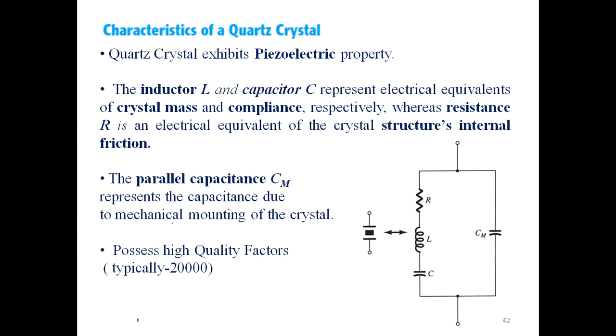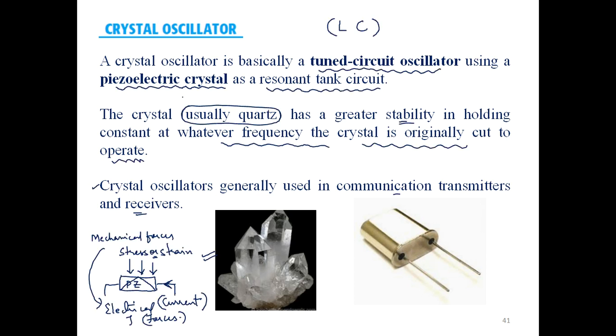What are the characteristics of a quartz crystal? The quartz crystal exhibits piezoelectric property, which we discussed just now. Then, I just told you that the crystal oscillator is basically a tuned circuit oscillator itself. So whenever we say tuned, a combination of inductance and capacitance are required. Now this is a crystal material.